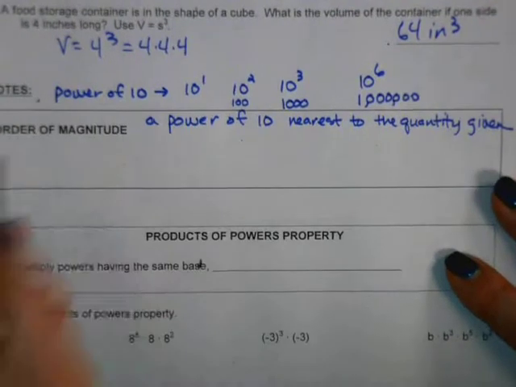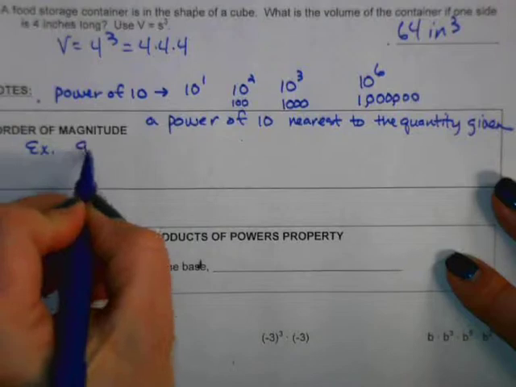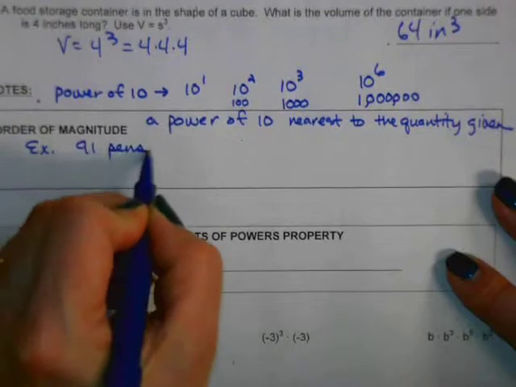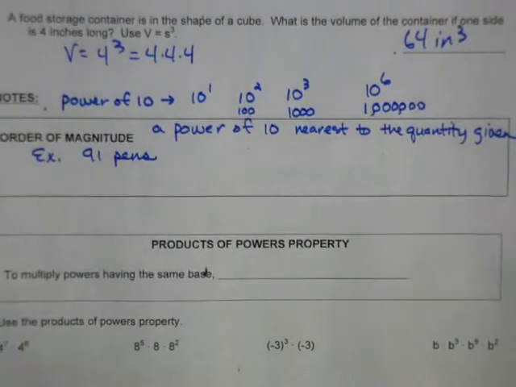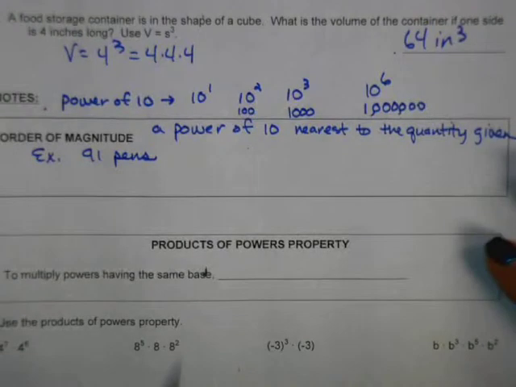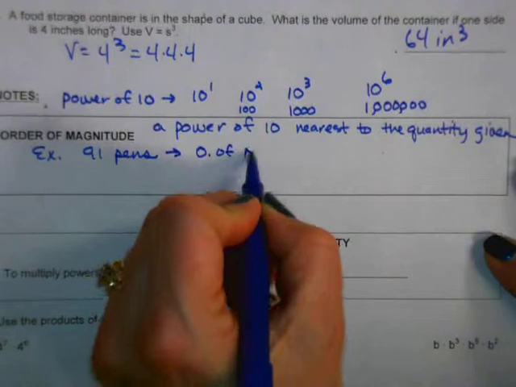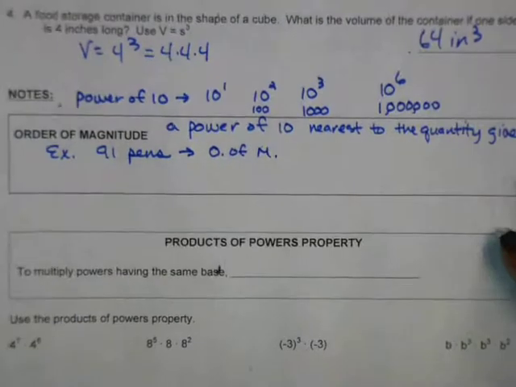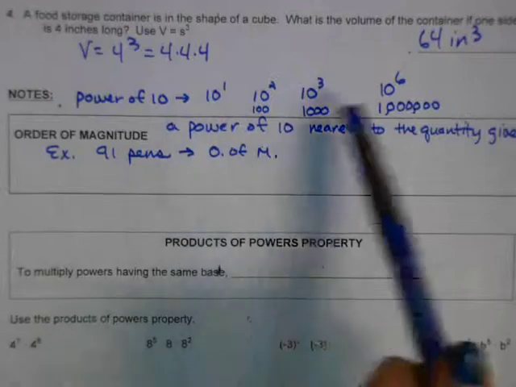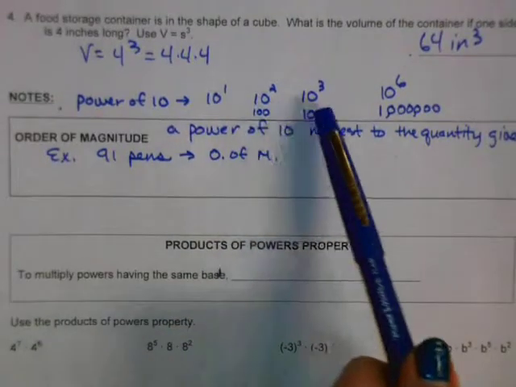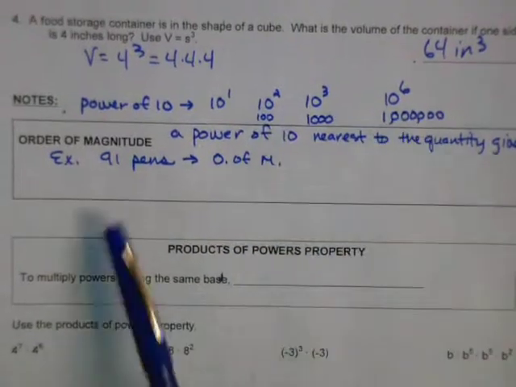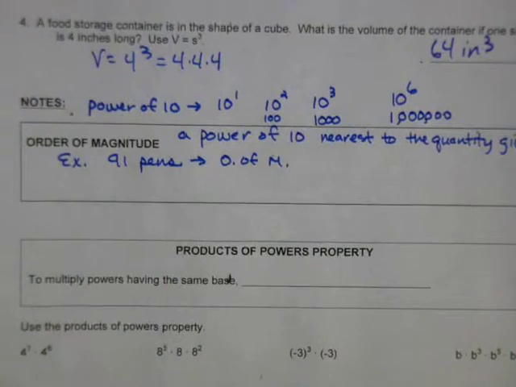If they give you, say for example, 91 pens, and I have to write that as an order of magnitude, I'm going to abbreviate order of magnitude. What is the 91 closest to of these numbers? 10 to the 1, 10 squared, 10 cubed, 10 fourth. 91 is closest to which one?